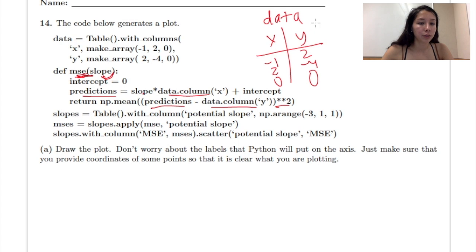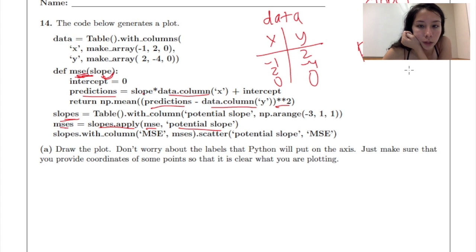So MSEs equals slopes.apply MSE on potential slope. Oh, I totally missed the line. Okay, so slopes is a table with the column potential slope, that has a range from -3 to 1.